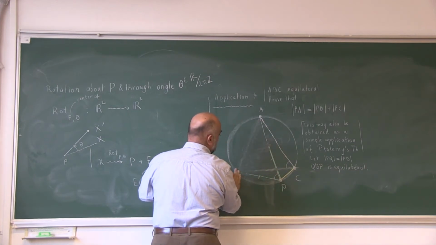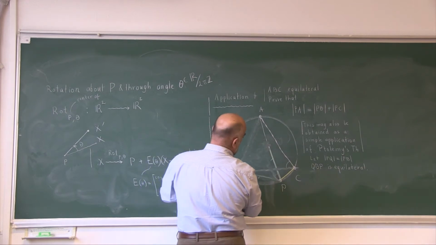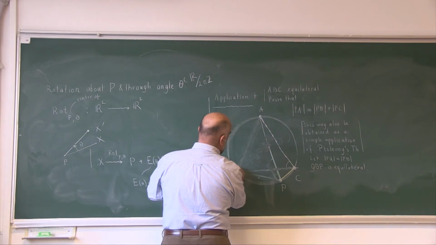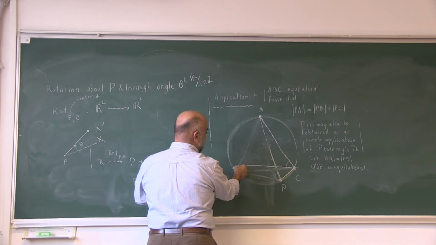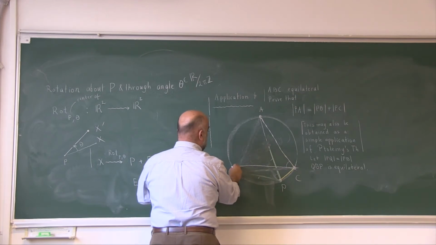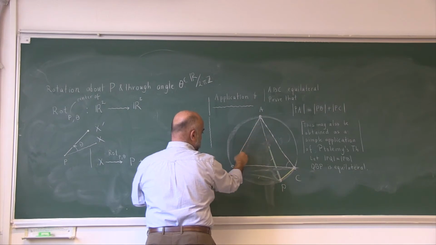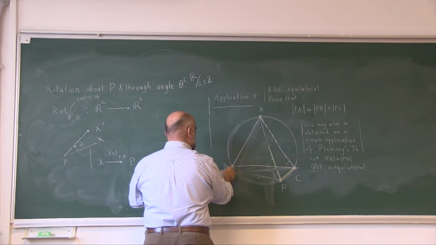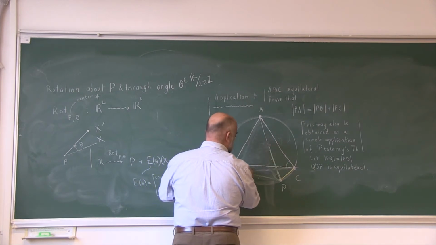Just have some patience with me. So I think this should be more like it. This is more like an equilateral triangle. That's B. So this slight correction.